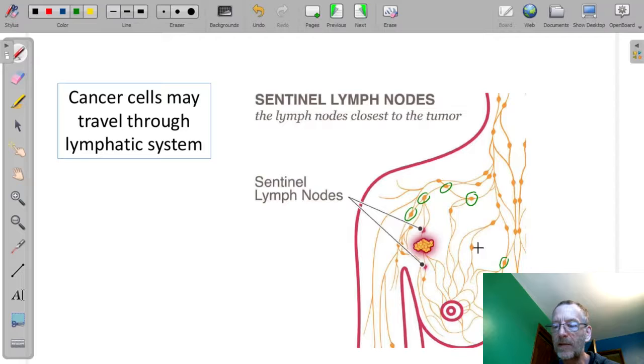There are deep lymph nodes and there are superficial lymph nodes. They tend to congregate in the axillary region, in the neck, and abdomen, inguinal region, basically where the appendage is attached to the trunk of the body. But they're scattered throughout the body.